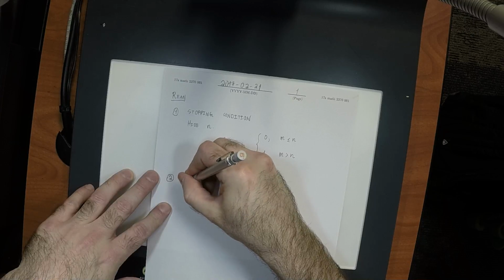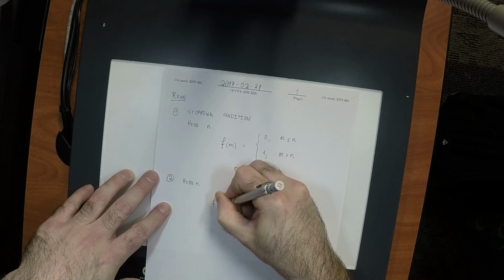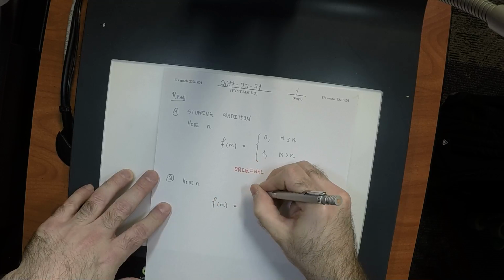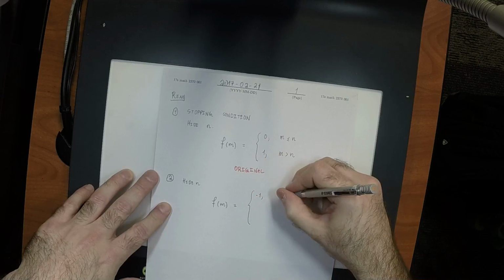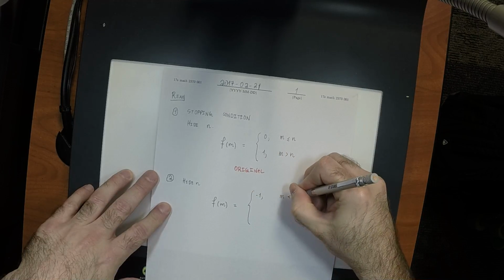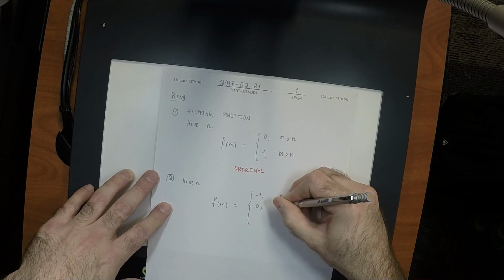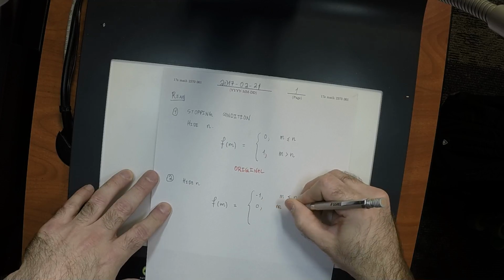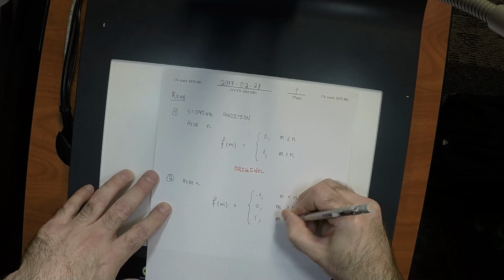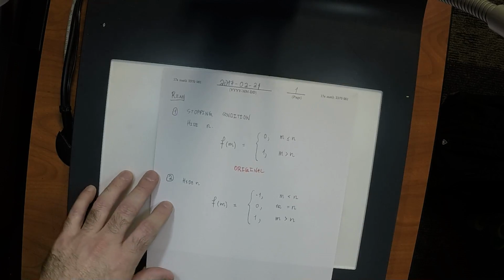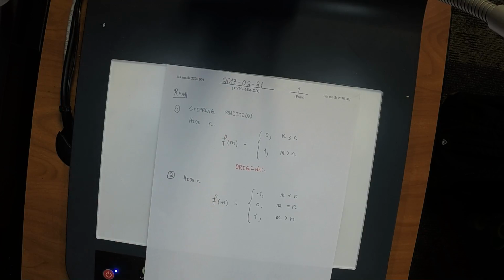Again, I hide an n, and now the stopping condition is -1 if your guess is too small, 0 if your guess is right, and 1 if your guess is too big.